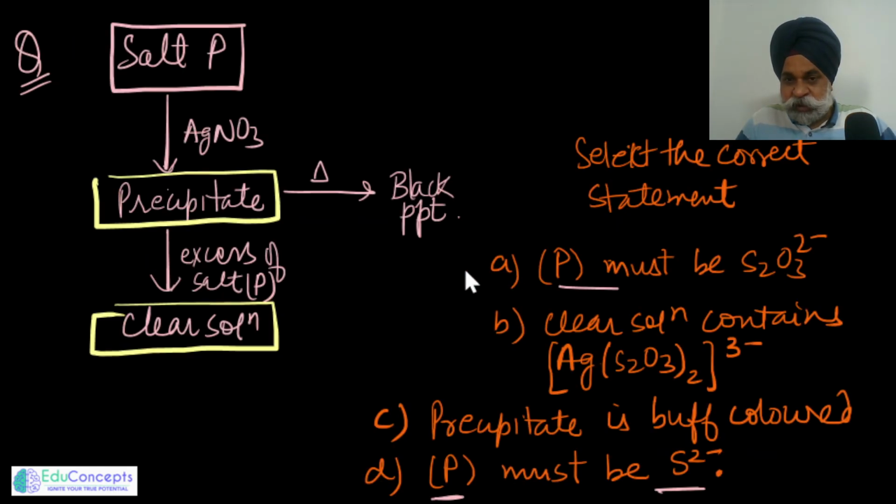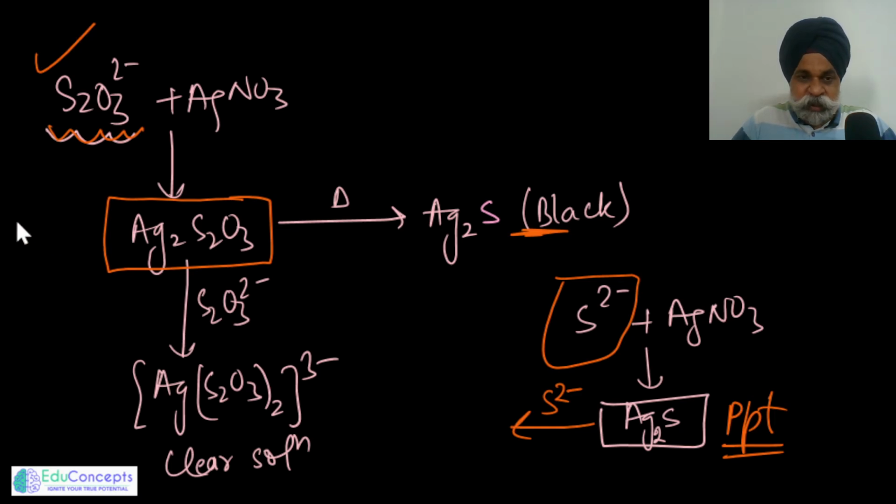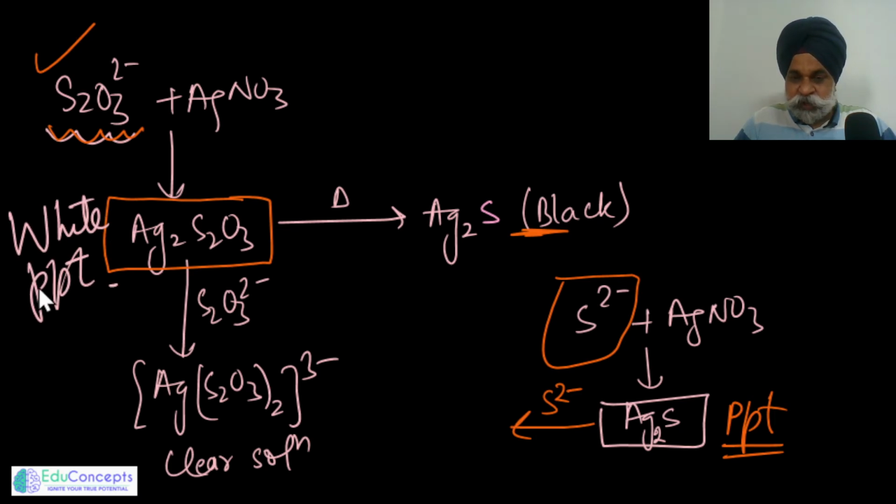So P must be this, which is perfectly right, and a clear solution contains this, which is also correct. Precipitate is buff colored, this is wrong. The precipitates obtained here, I should write categorically, are white precipitates which turn to black because they get converted into sulfide.